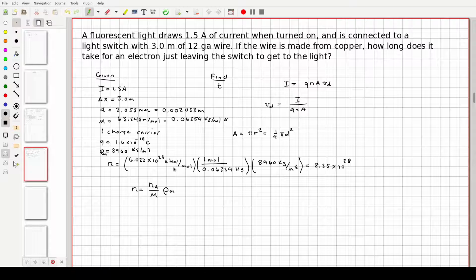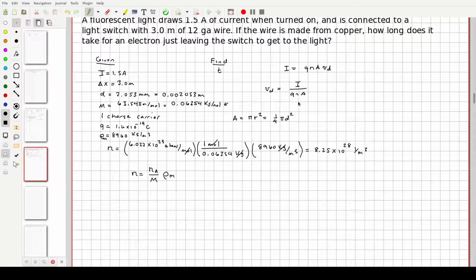Now, atoms is sort of a bogus unit. We're looking at the number of things per unit volume. So the units here at the end of the day, when you cancel out stuff like this, is just 1 over cubic meters. Okay. So here, I have N. I have a form for A. So let me go ahead and plug that form for A in.